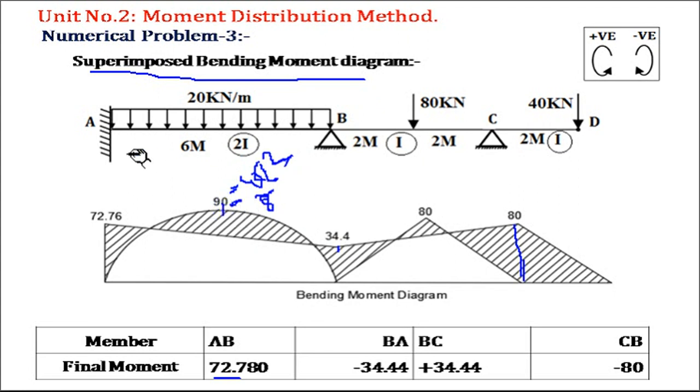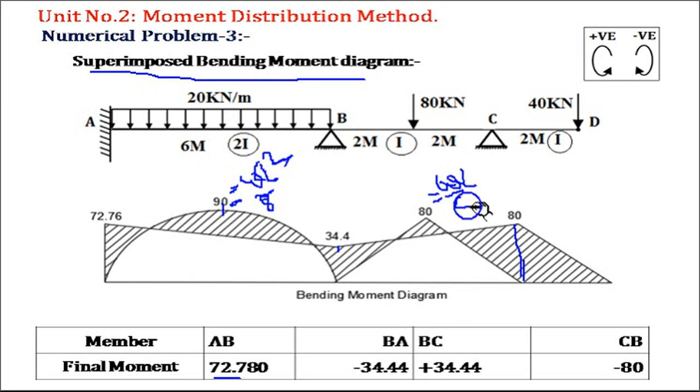As member AB is loaded by a uniformly distributed load, you have to join by a second degree curve. Now the load in member BC is 80 kilonewton and it is acting at the center. So the value of the free bending moment will be WL upon 4.